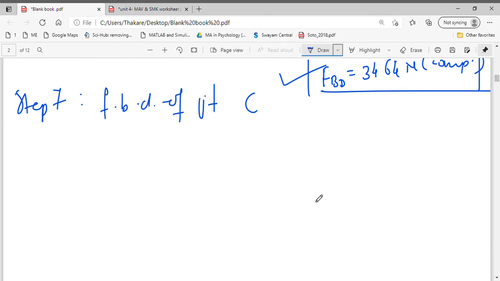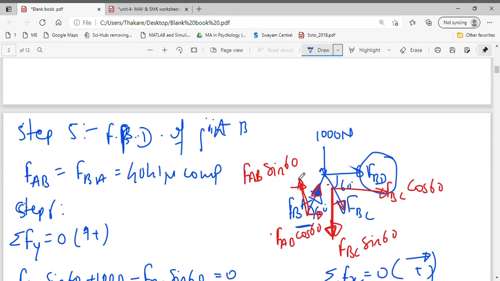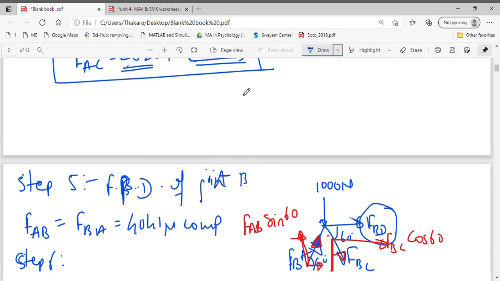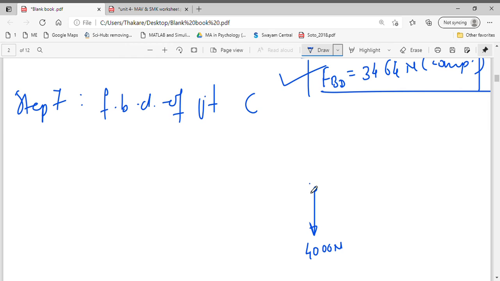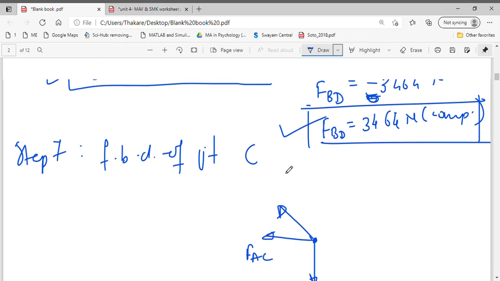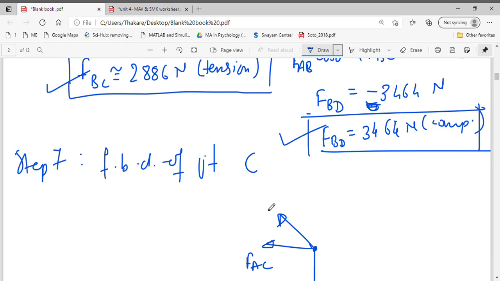So on joint C, we have vertically downward acting force of 4000 newtons, one horizontal force AC. This AC is tensile force, so force AC is tensile, FAC. This force BC is also tensile of 2886 newtons.